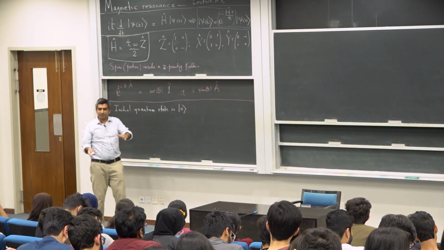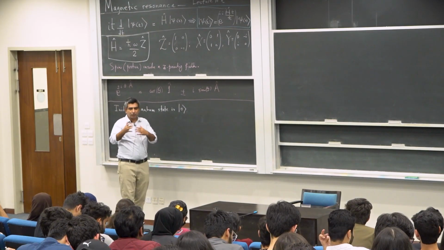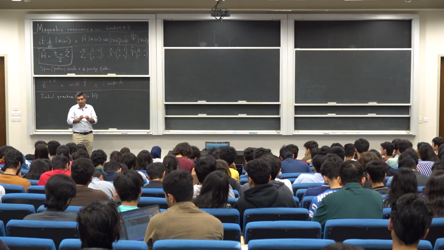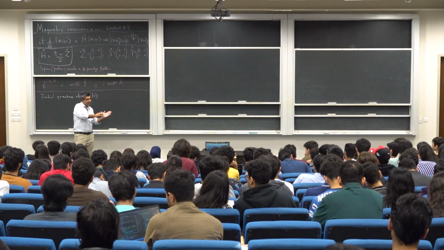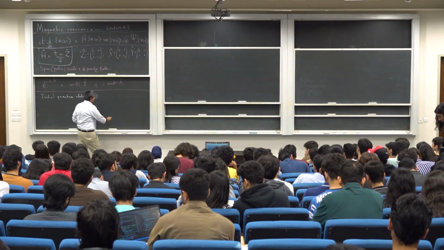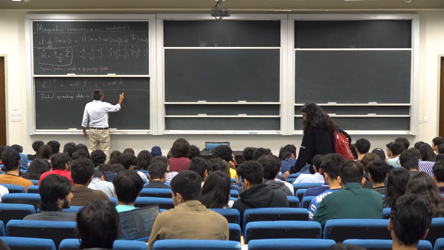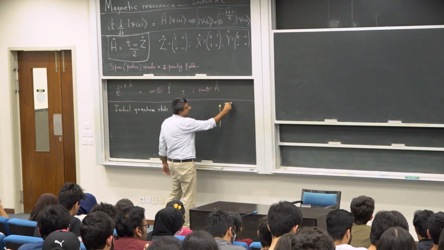Now what does ket 0 mean? If you look at a proton inside a magnetic field, it's going to have 2 quantum states. The physical degree of freedom that we're looking at is the spin of the proton. The spin could point parallel to the field, or it could be anti-parallel to the field. So if this were my direction of the magnetic field, some B, it's pointing along the Z direction.